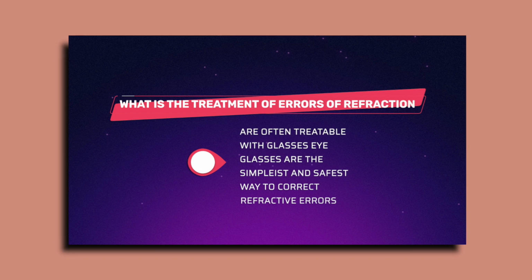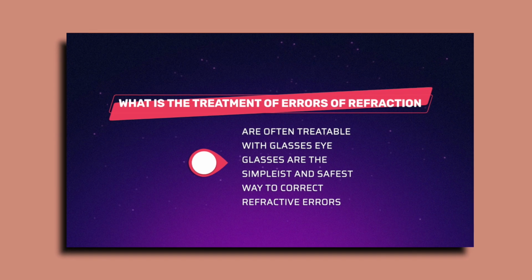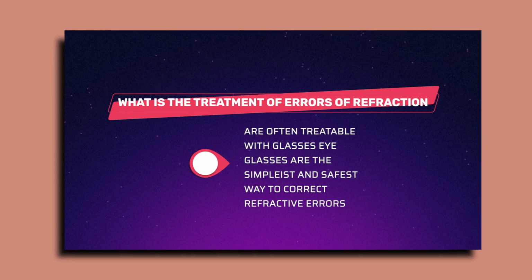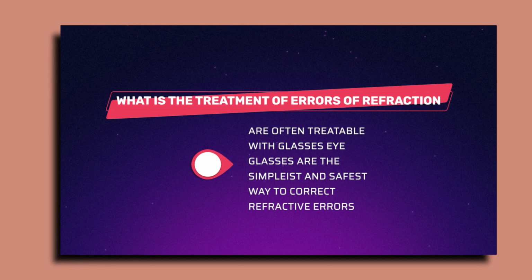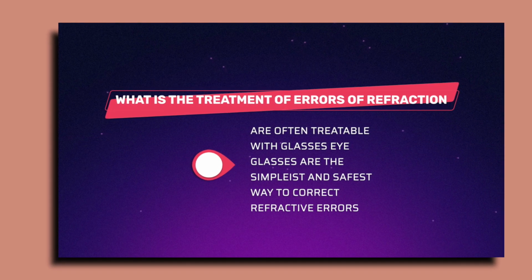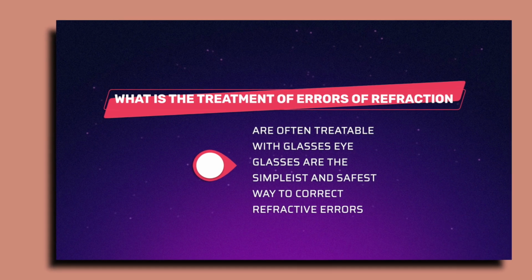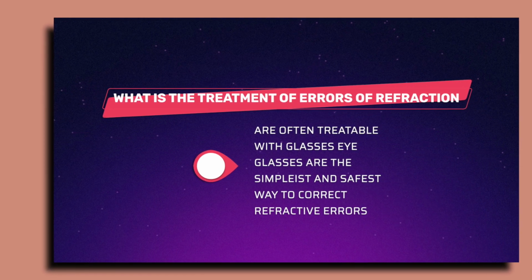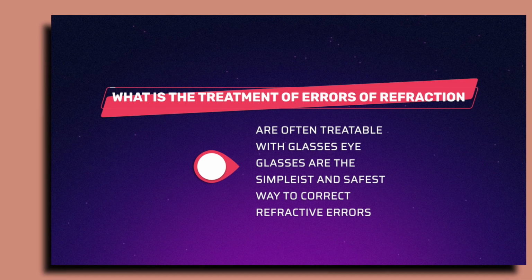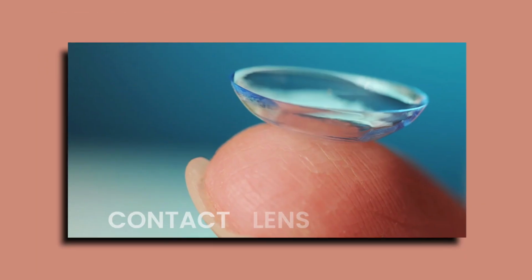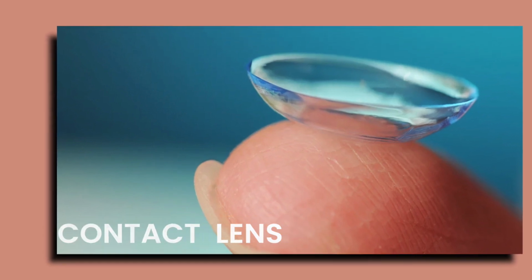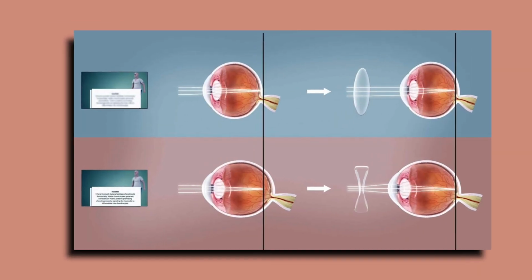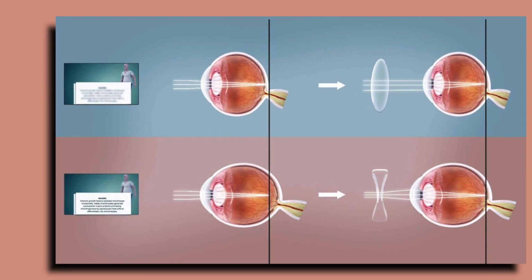What is the treatment of errors of refraction? Errors of refraction are often treatable with glasses. Eyeglasses are the simplest and safest way to correct refractive errors. Contact lenses sit on the surface of your eyes and correct refractive errors.